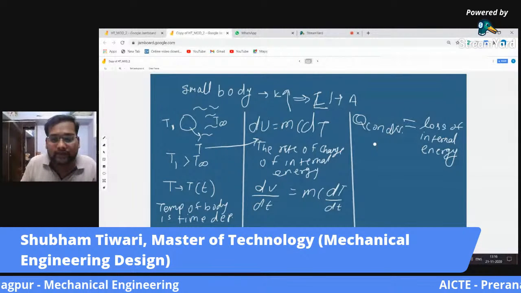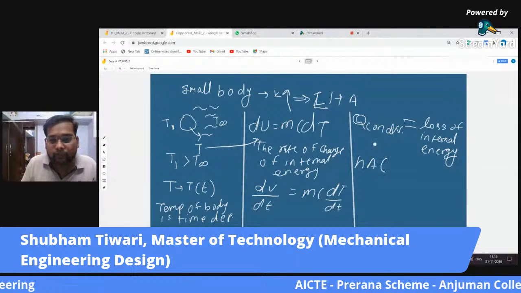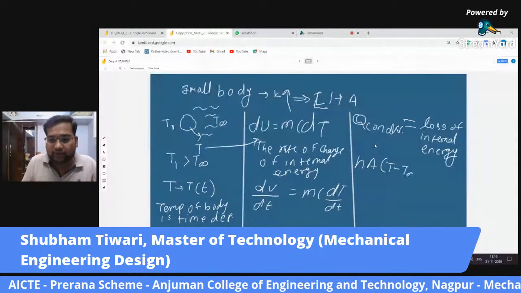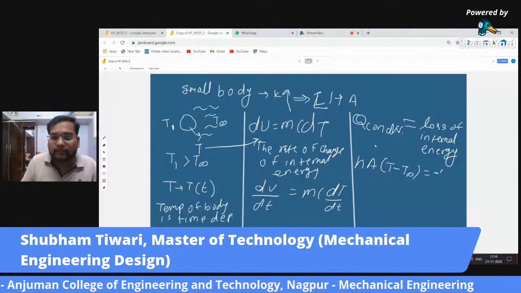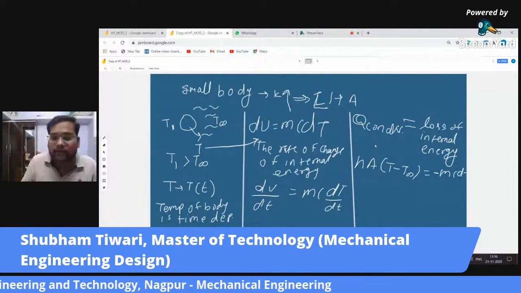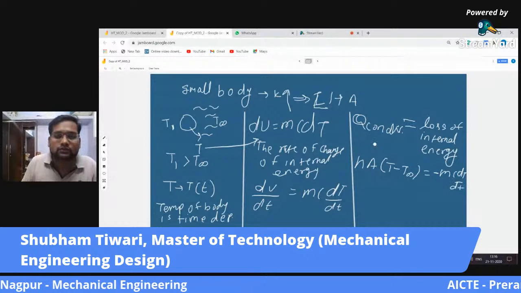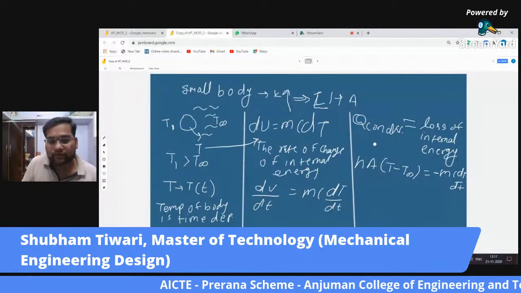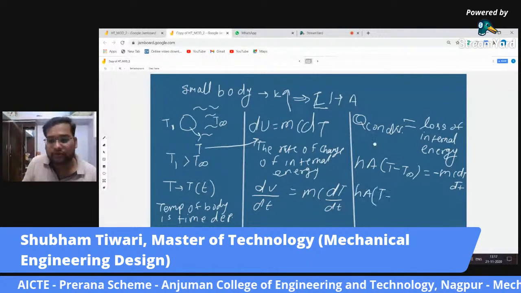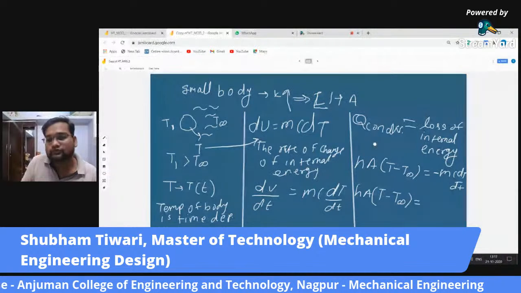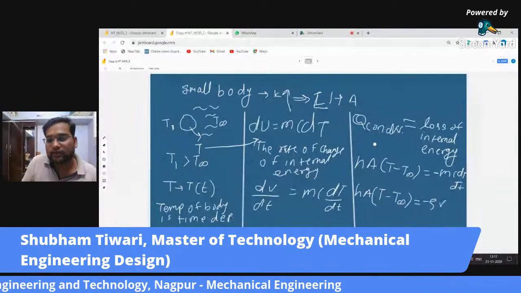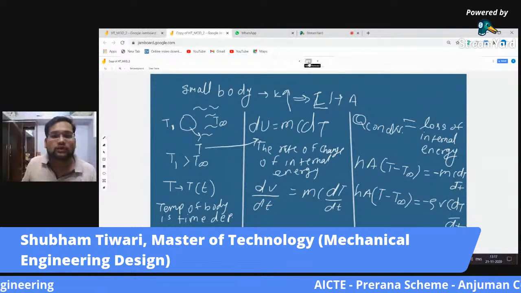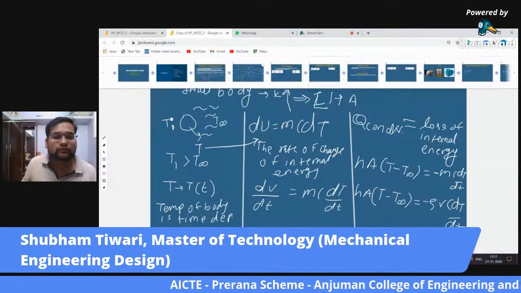So we can write that hA (T minus T infinity) is equal to minus mc dT by dt. Now the mass we can write as rho V, so hA (T minus T infinity) equals minus rho V c dT by dt.